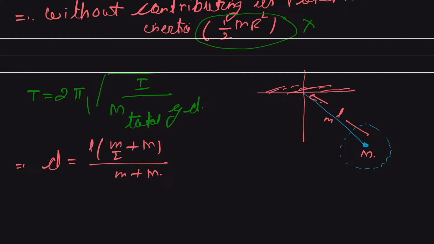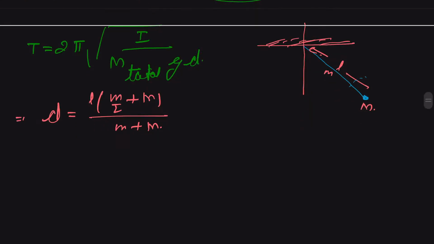But in this particular case, the disk is behaving like a point mass, so it's already at its center, so there is no need to find out ICM. So that is the second major difference.